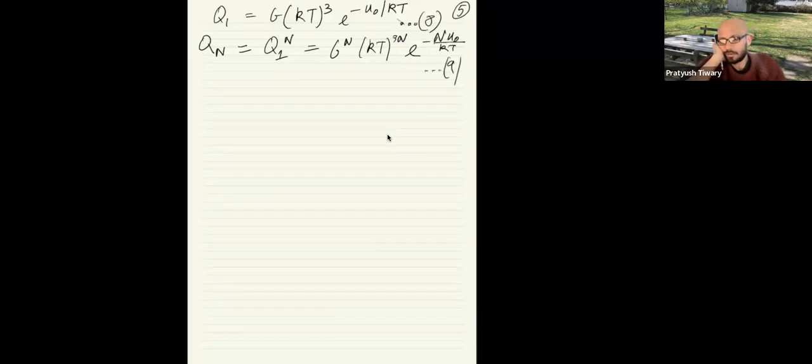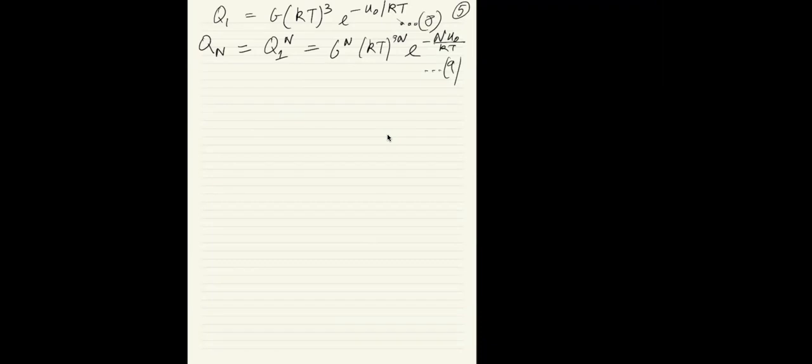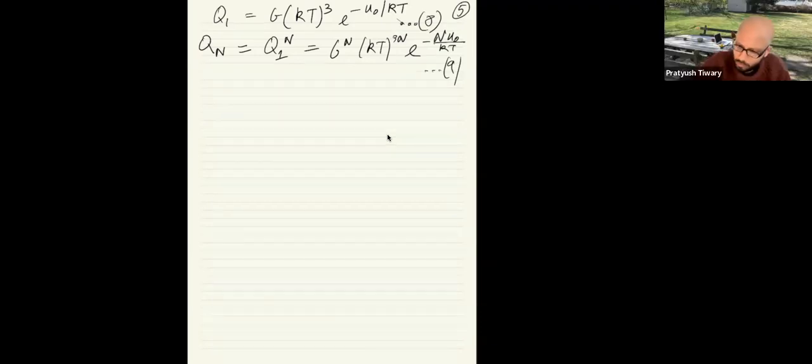What I want to calculate is the heat capacity. How should I proceed next? Any ideas? How do I go from partition function to heat capacity? Apply log? Okay, natural log. Good call. So if I apply log of Qn, what will that give me? What is this thing?